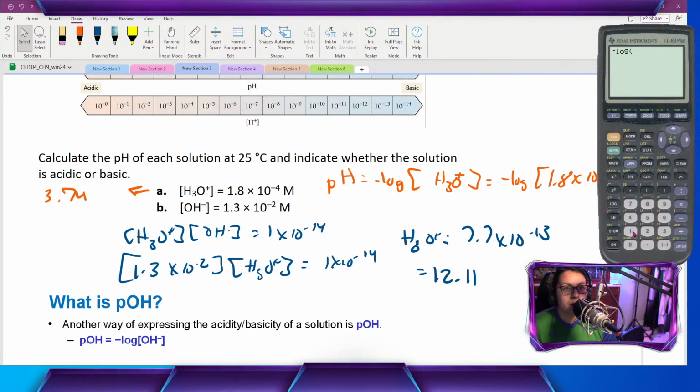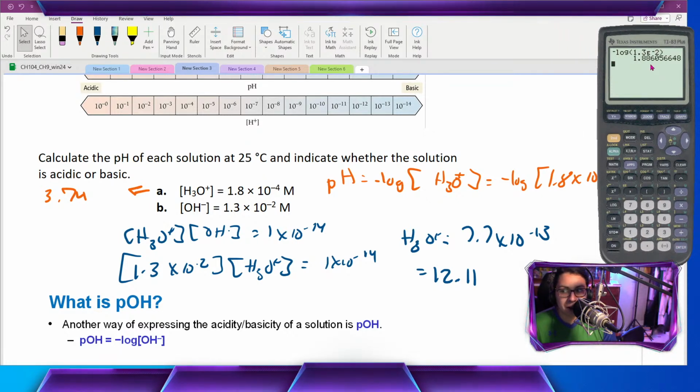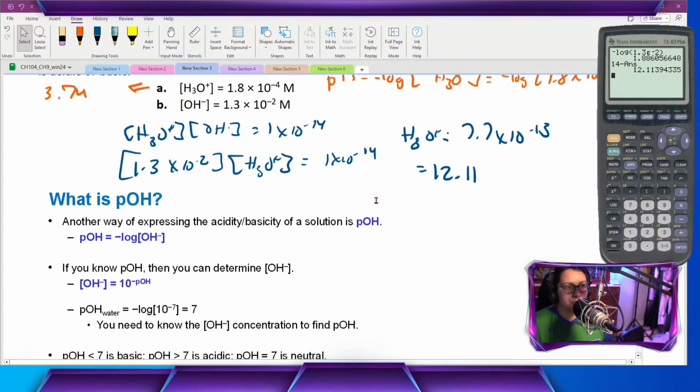So negative log of 1.3 times 10 to the negative 2. Oops, sorry. And so that is my pOH. And now I can say, well, 14 minus this gives me my pH. And yes, we got the same answer. So very convenient that we can do that. That really helps us out.